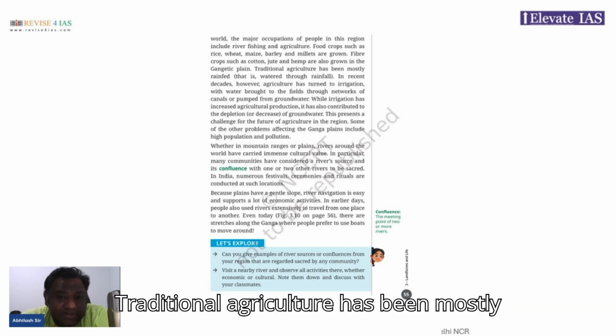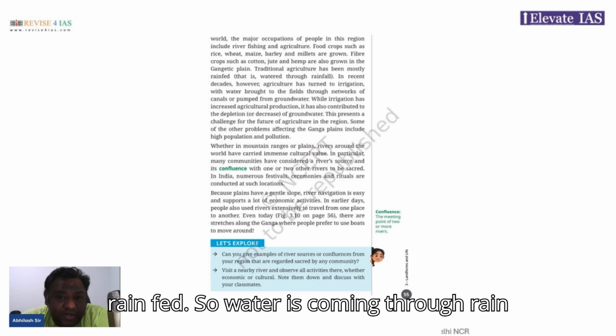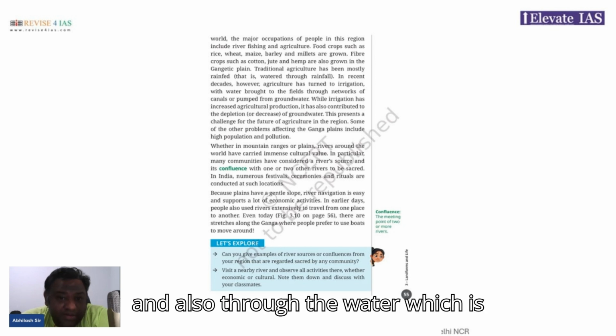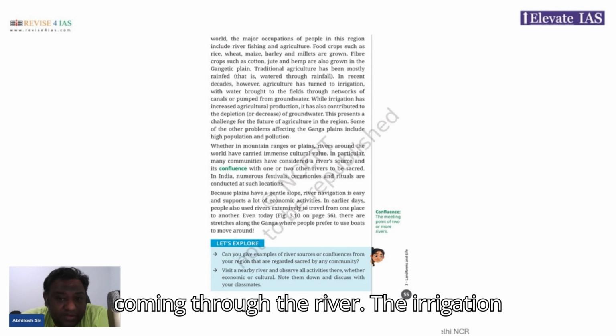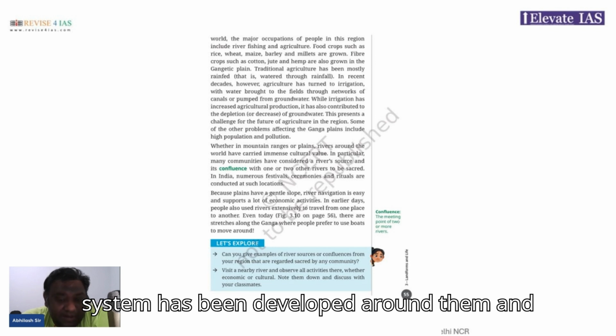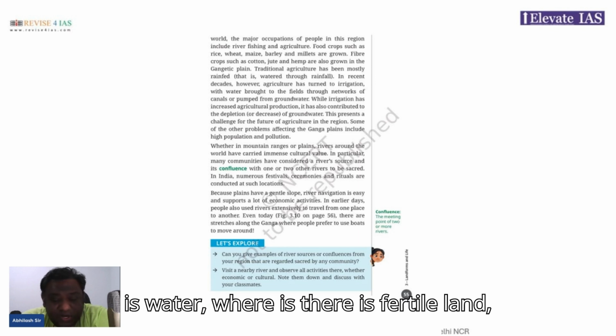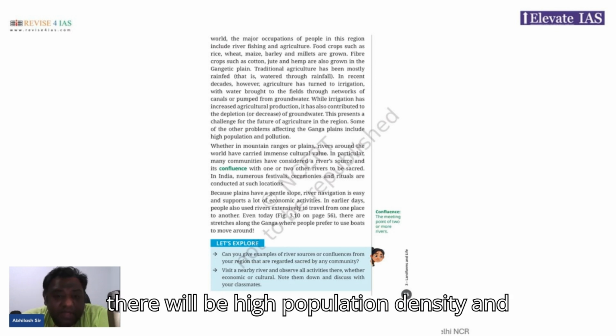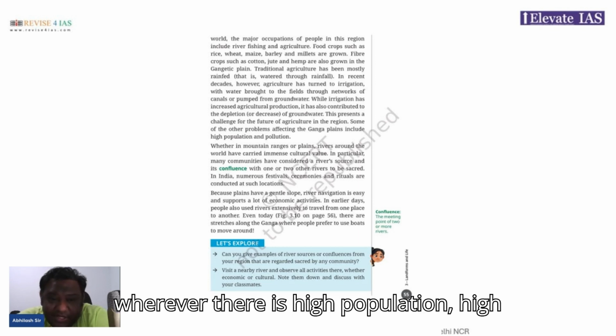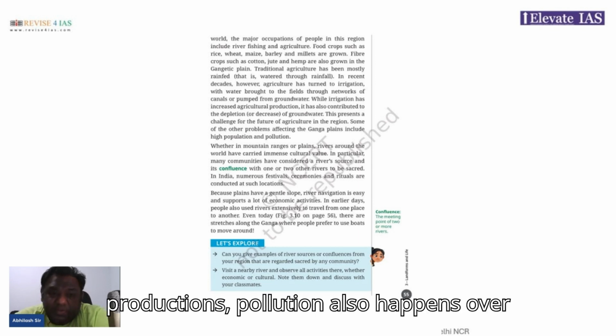Traditional agriculture has been mostly rain fed, so water comes through rain and also through the rivers. Irrigation systems have been developed around them. In the Ganga plains, wherever there is water, there is fertile land, and there will be high population density. And wherever there is high population and high production, pollution also happens.